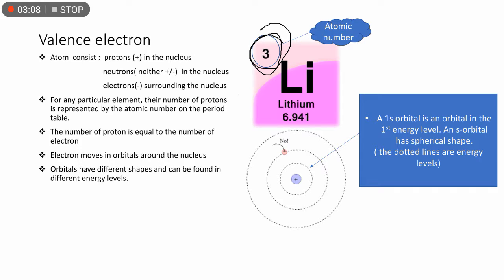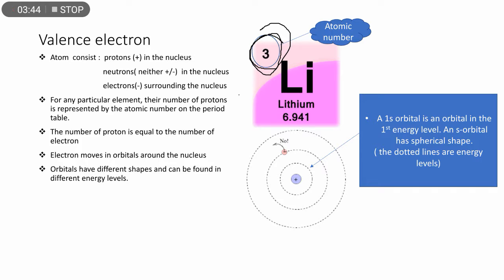The s orbital has a spherical shape, and as we increase the energy level, you may find that there is an increase of orbitals. On the second energy level, we find a 2s and a 2p orbital.